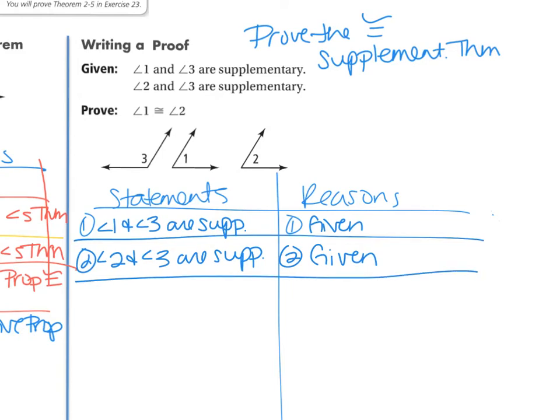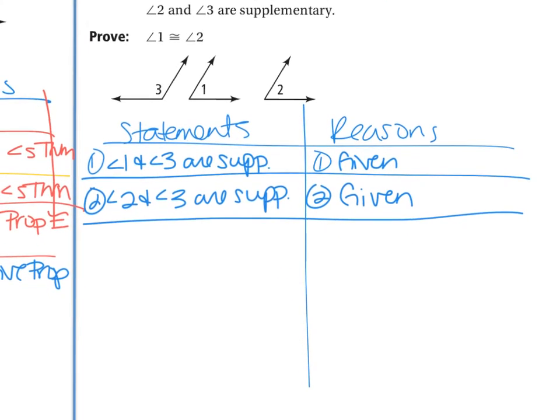Usually, not on the last proof, but a lot of the times, you'll find that you state what's given, and the next step after the given statement is explaining what that given statement means. The first statement was angle 1 and angle 3 are supplementary.